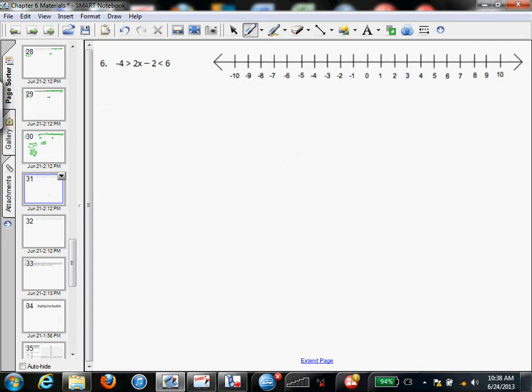Okay, looking at something a bit more complex now. We have negative 4 is greater than the quantity 2x minus 2 is less than 6. So to start working, we have to get rid of everything to get that x by itself. To do that, we have to add 2 on both sides to get that subtracting 2 away.